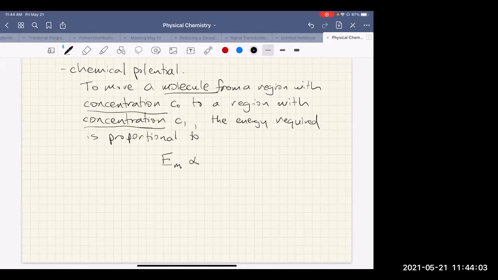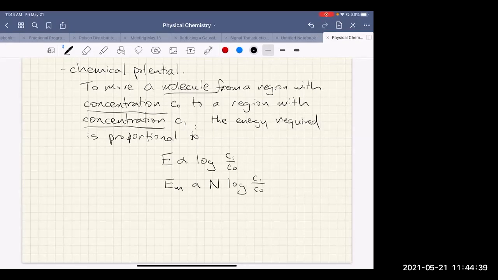I used EM for the total energy of the reservoir, so I'm going to use just E for one molecule. That energy is proportional to log C1 over C0. If you do n moves, and assuming those n moves don't change the concentrations very much, then the energy required to create the reservoir is again linear in the number of molecules.